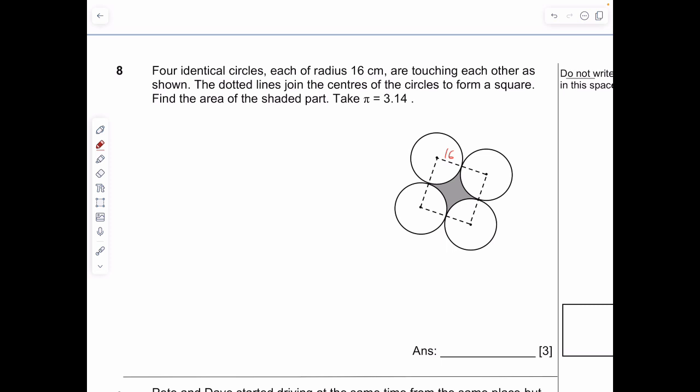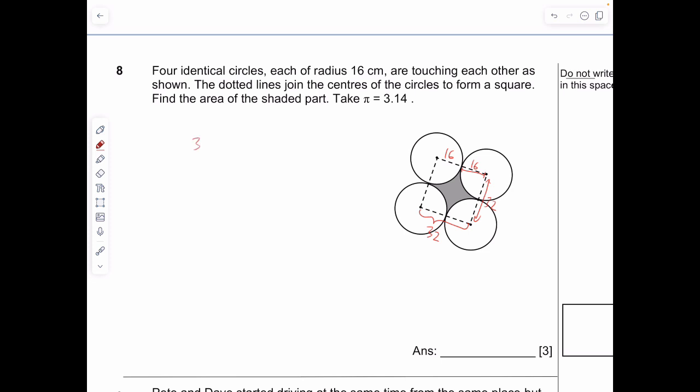So if this is 16, then I know that the total is 32 because this part here will also be 16. So this is 32. Now, the first thing that I can do is to find out the area of the square in the center.